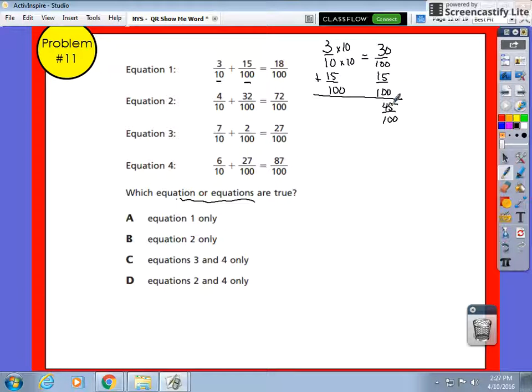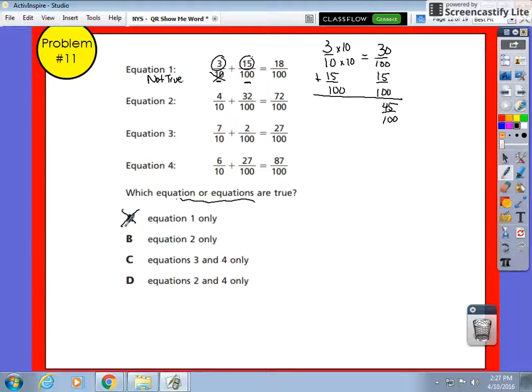So again, some people may have reasoned that they just added the numerators and you can't because you do not have a common denominator. So equation 1 is not true. Okay? And that means that my answer choice is not A.